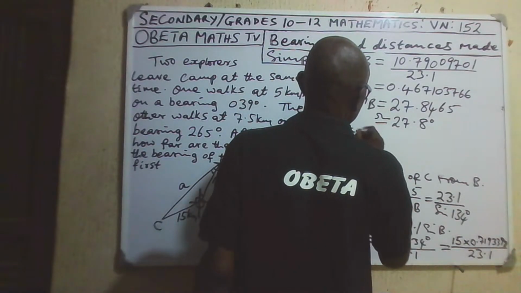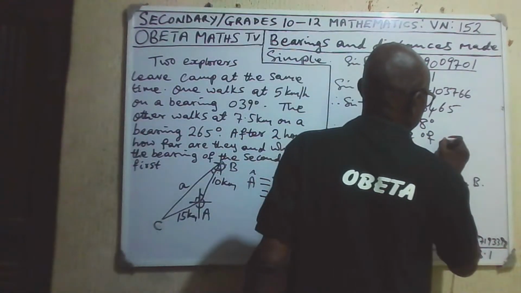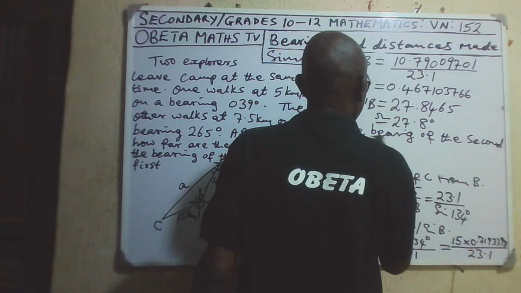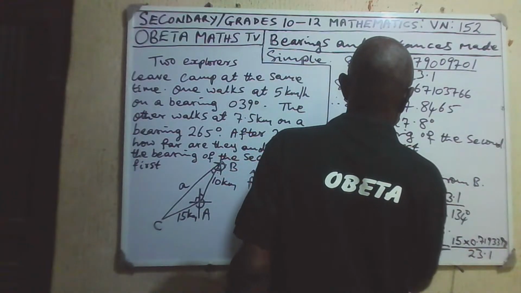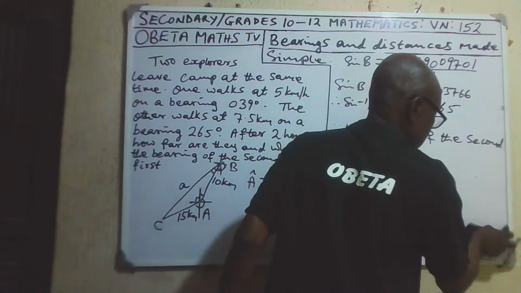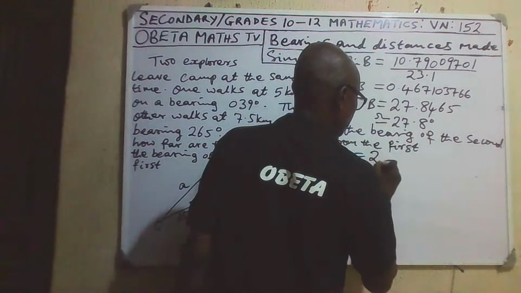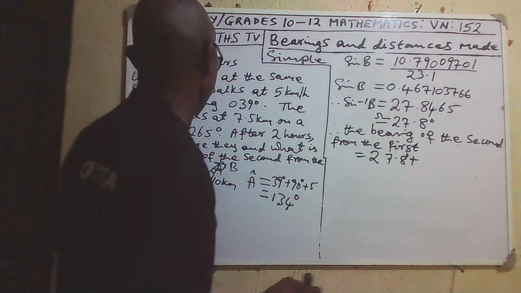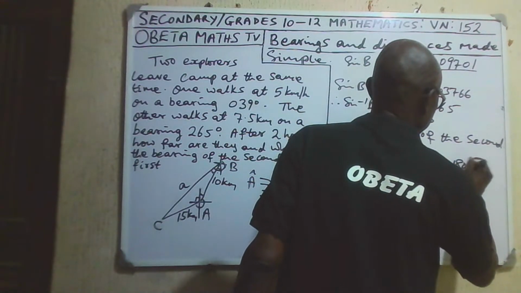Therefore, the bearing of the second from the first is equal to 27.8 degrees plus 39 degrees plus 180 degrees.